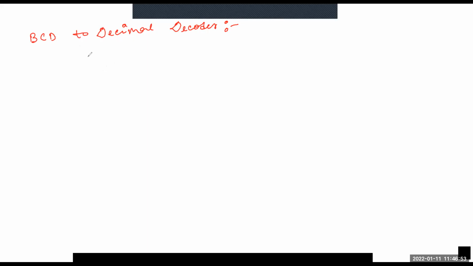For this BCD to decimal decoder, the logic diagram, or the implementation for this purpose, involves AND gates. So here I am drawing. It is a little bit difficult or lengthy, you can say.